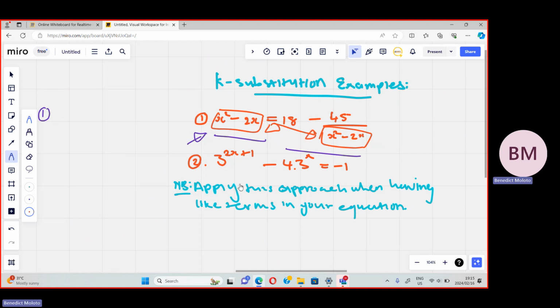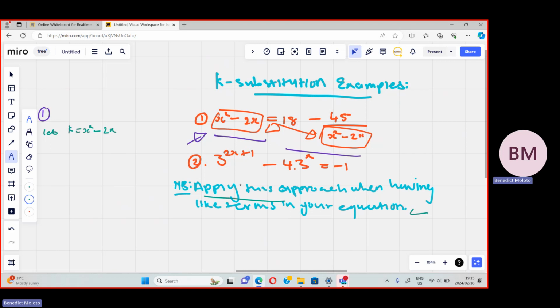Like terms are the things that are alike. So how are we going to solve that? Remember, always in math there is a language: let k be equal to x squared minus 2x.